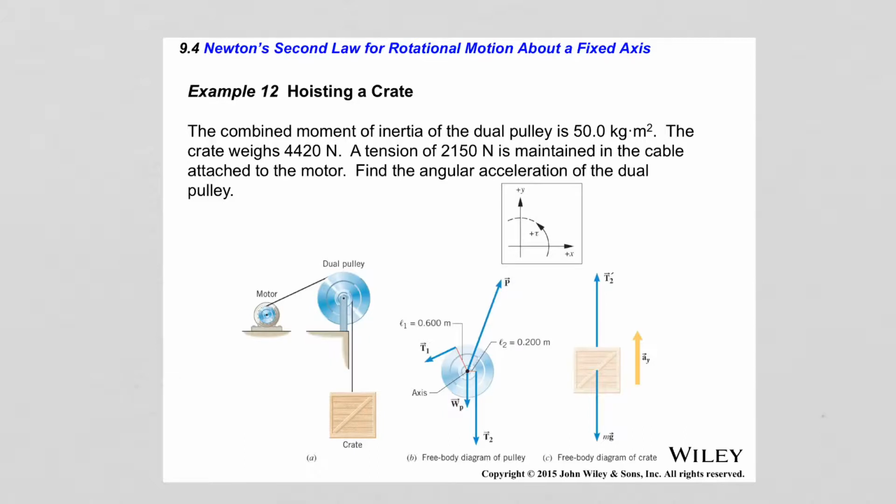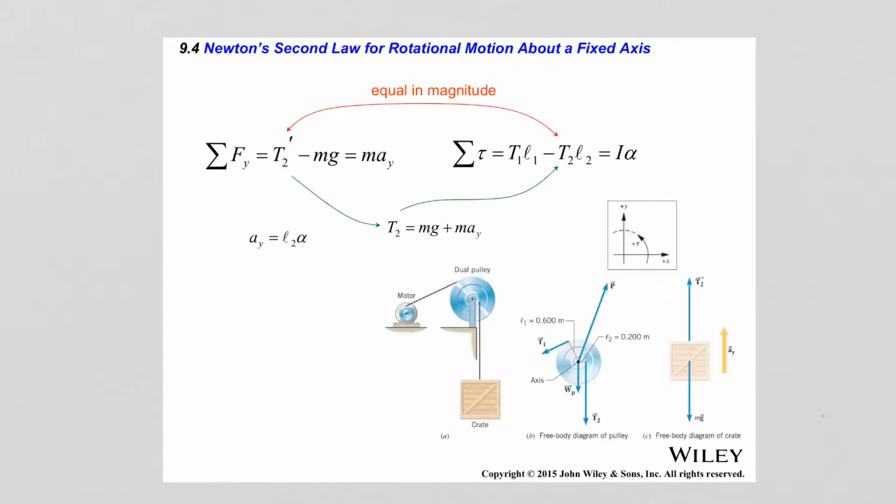And then for the crate, we have the weight of the crate pulling down, and then there's tension T2 prime directed up along the cable, should be equal to that tension right here. So in y direction, we have the net force is equal to T2 prime minus mg is equal to may. So this is for the crate.